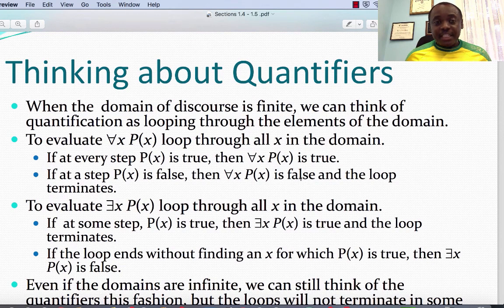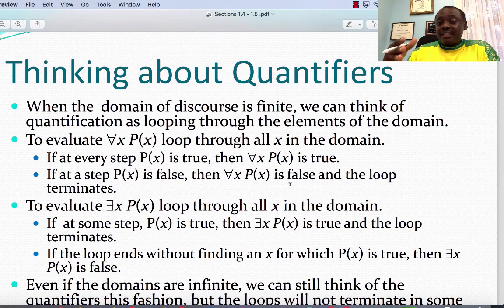That statement is false. Now, to evaluate there exists x, p of x, you look through all x in the domain. That is a little different from what we just saw. For every x, p of x, we go through all the elements and make sure that they all satisfy the property we are interested in.